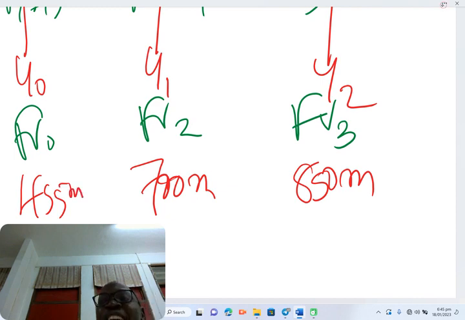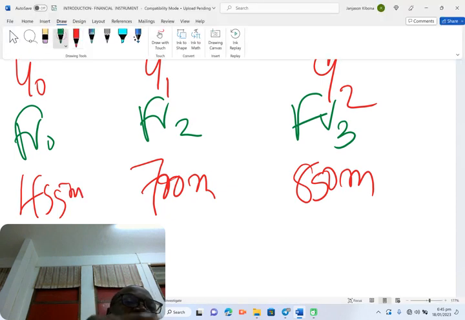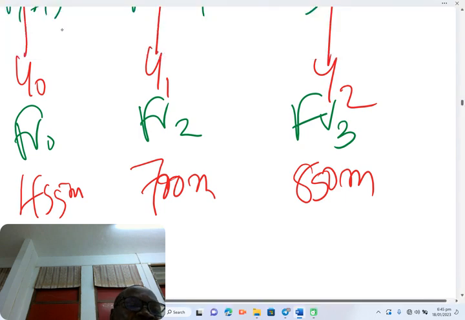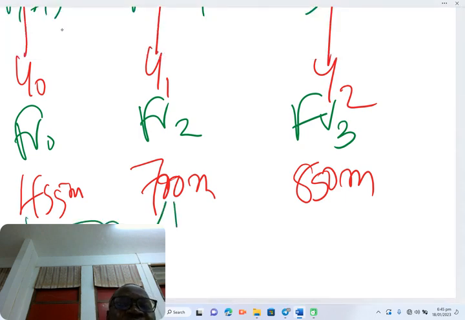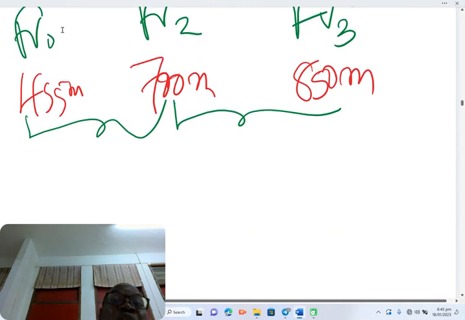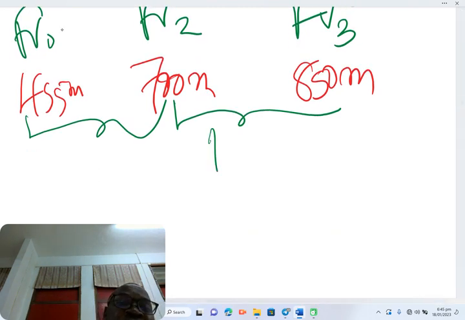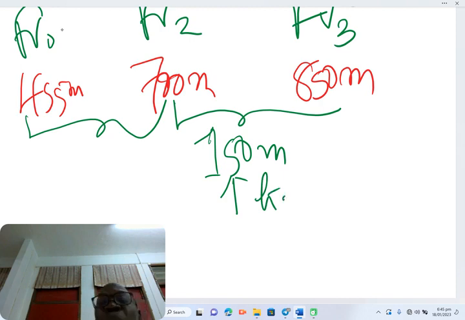So we have gain. Gain number 1, how much? And gain number 2, how much? The difference. This is 150, isn't it? How about this one here? This is gain 2.